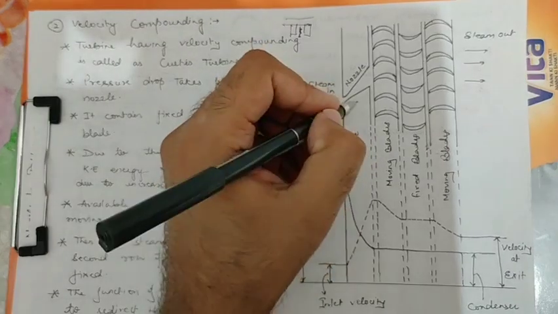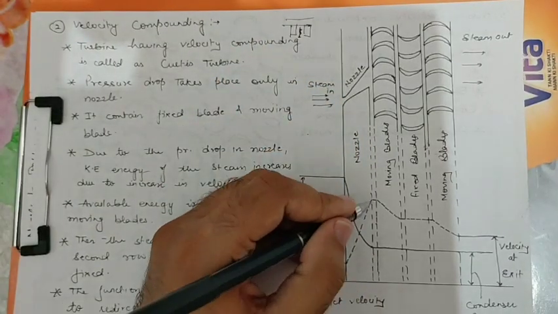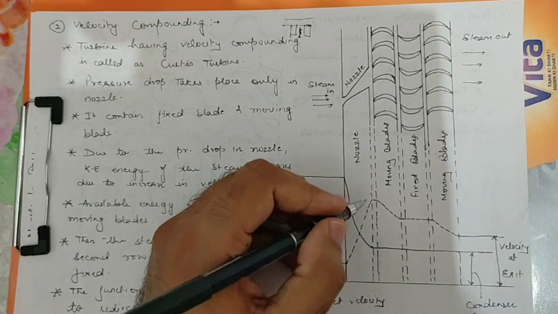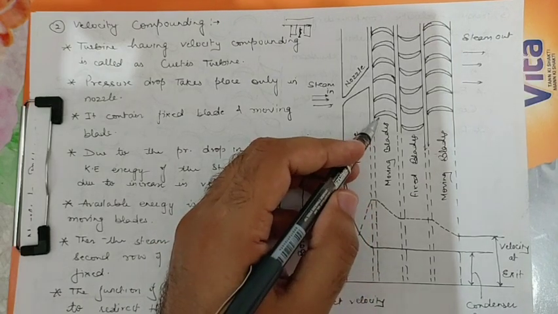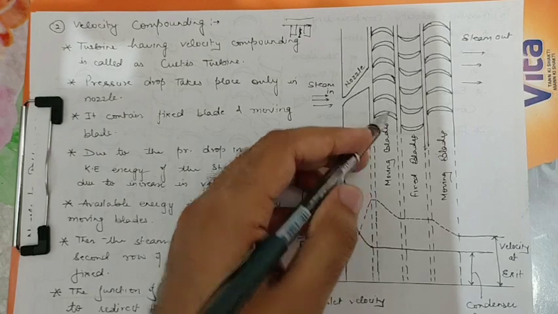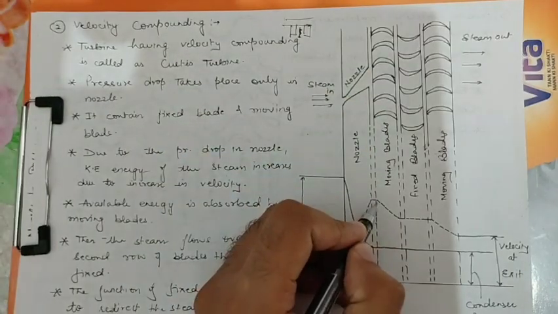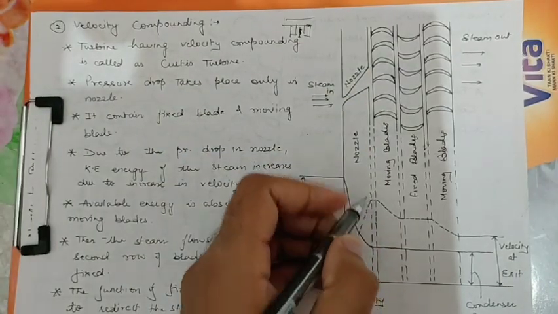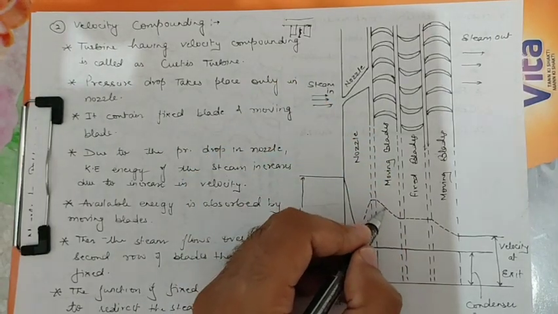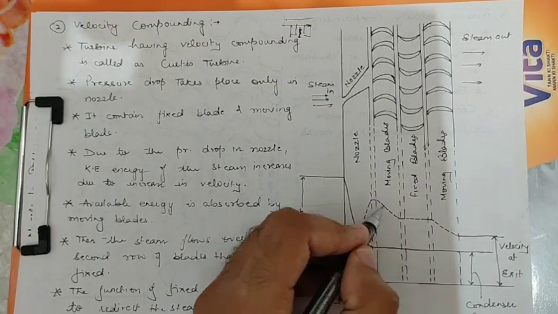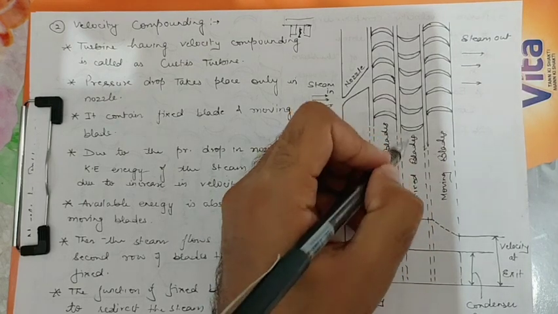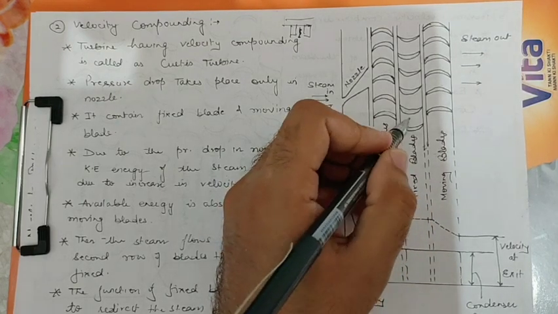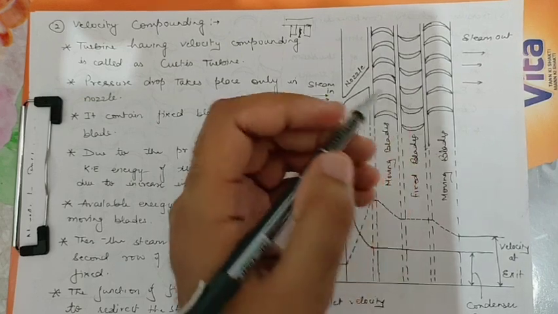Now, this high velocity steam is used to move these moving blades. So the high velocity is absorbed by the moving blade. Hence, there is a reduction in velocity. In the fixed blade, these fixed blades are not used to increase the velocity as in pressure compounding.